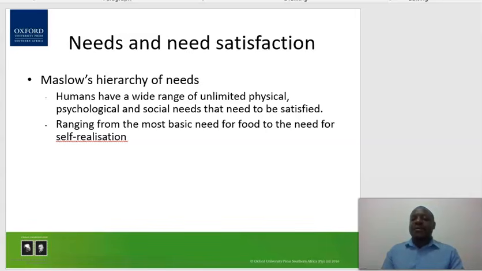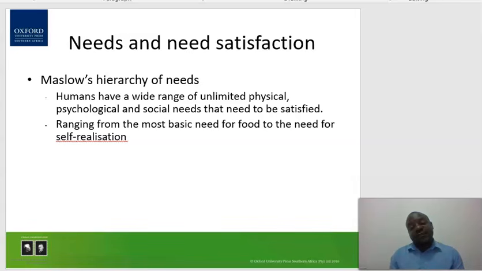This man developed what is commonly known as Maslow's hierarchy of needs. What we learn from that hierarchy of needs is that humans have a wide range of unlimited physical, psychological, social, and egocentric needs that need to be satisfied. These needs range from the most basic need for food to the need for self-realization.